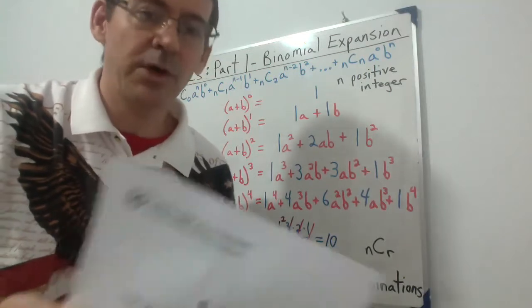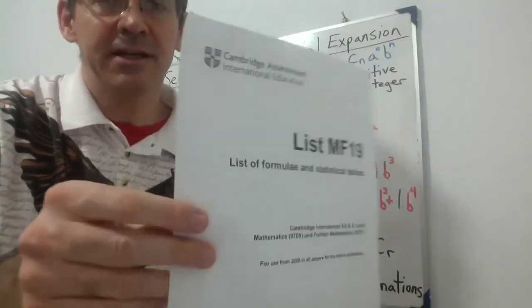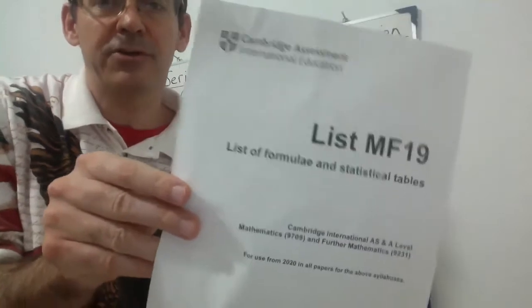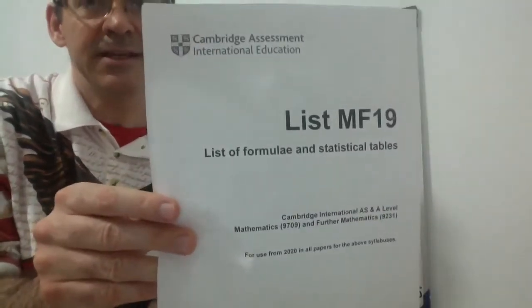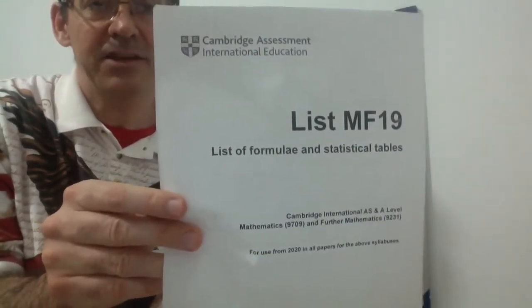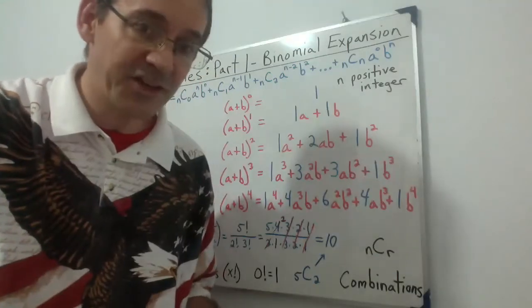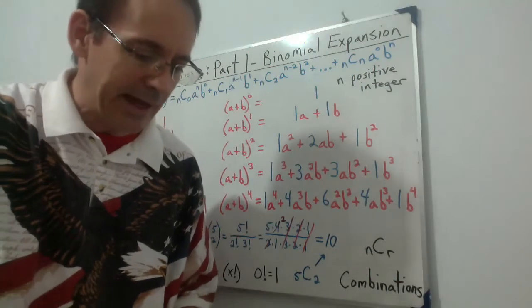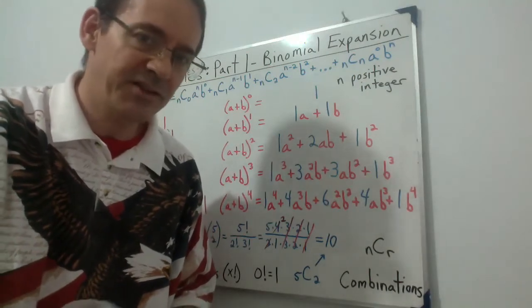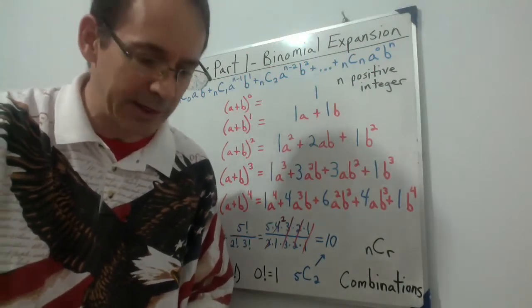Okay, so this is what the formula sheet that's provided by Cambridge looks like. It's called List MF19. This is the new updated version. It's several pages long, and we haven't discussed this yet throughout the Pure 1 series.